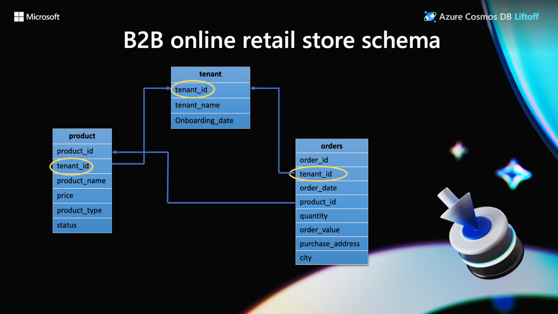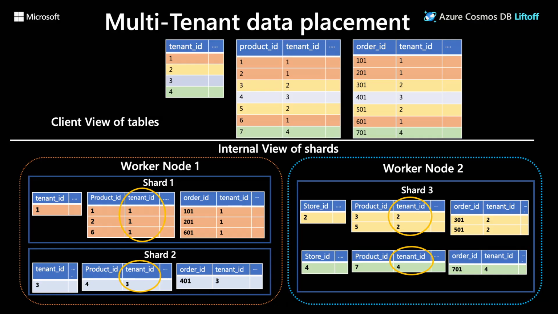So let us understand more around the impact on data placement due to the choice of a common key. On the current slide, upper half represents the view to the application, while lower half represents the internal persistence of the tenant's data. In the current example, we have two worker nodes existing in the cluster, and each of these nodes contain two tenants.